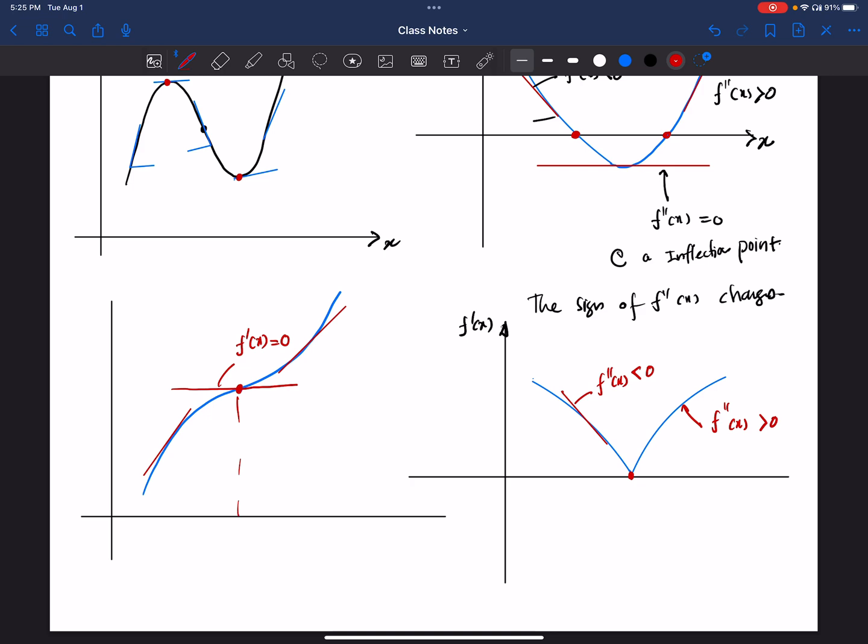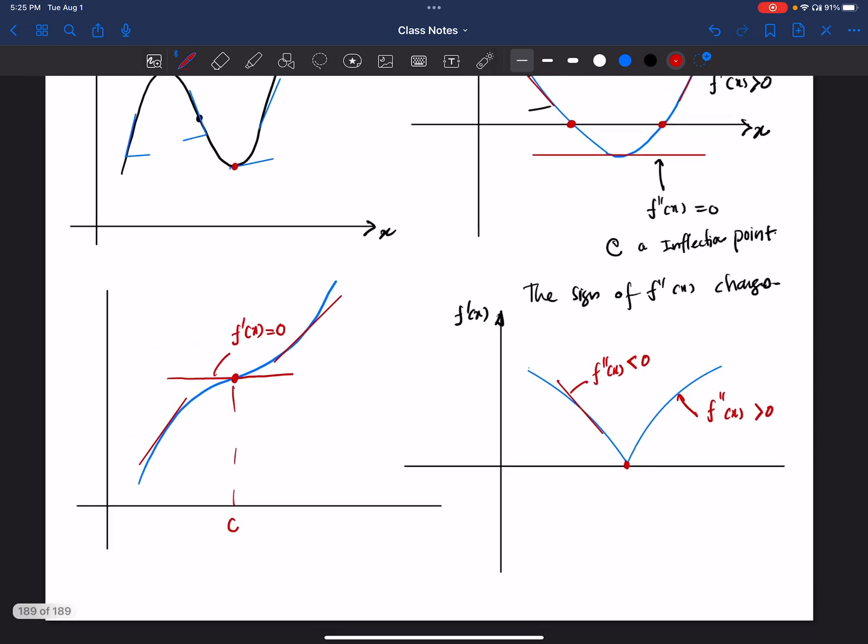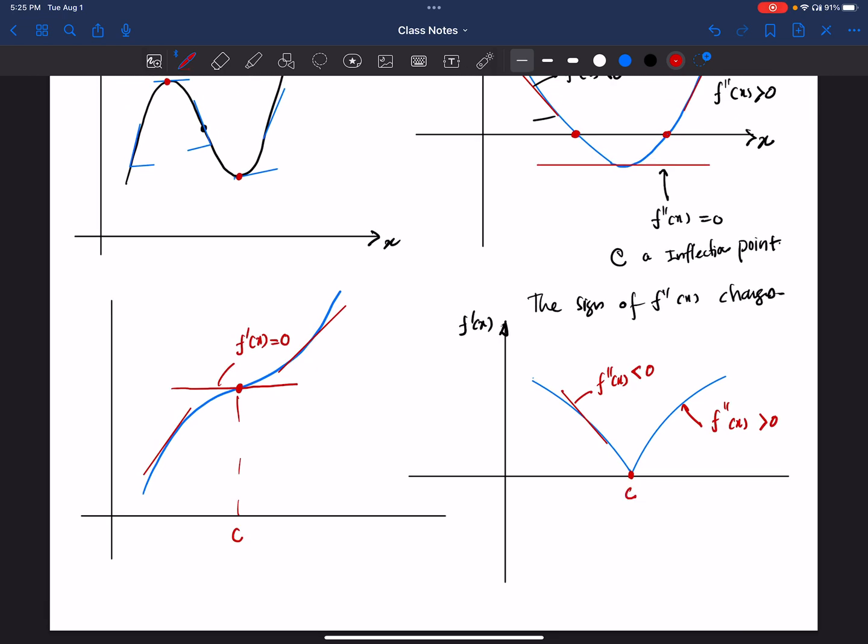Let's say this is point C. At point C, f double prime of x does not exist, right?